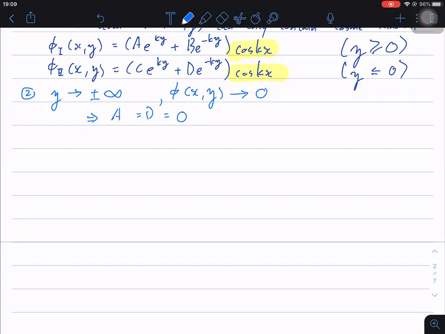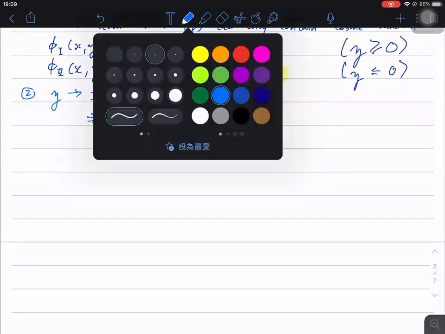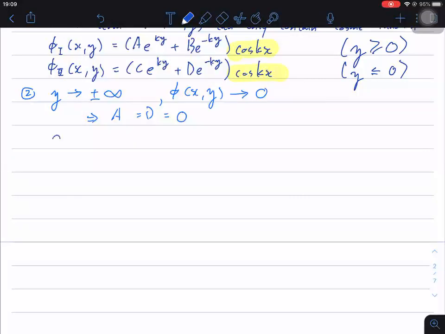So for the first case, A equals 0. And for the second case, for when y goes to negative infinity, exponential of negative ky will diverge. So again, D should equal 0. So by setting these two coefficients to 0, we can further reduce the form of the potential to these two forms.